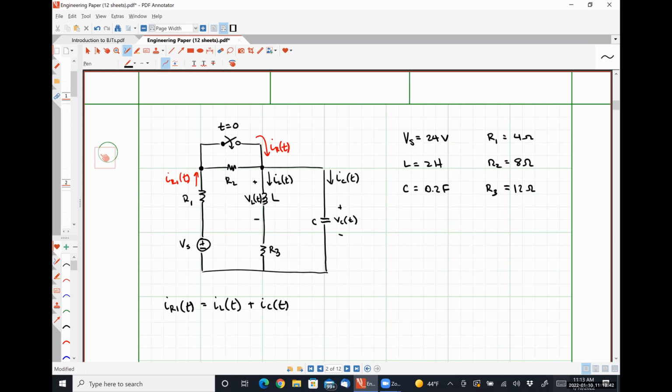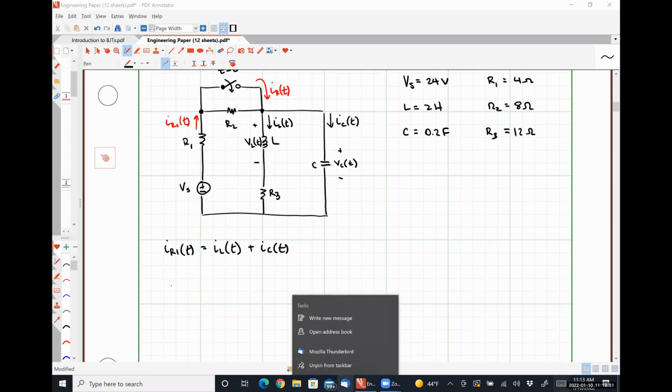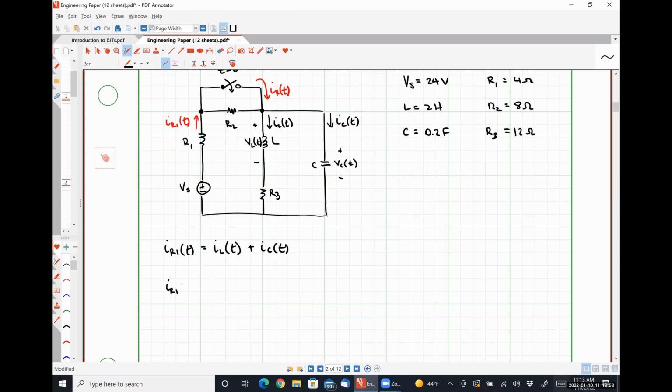We could just as easily express IR1 of t as our source voltage Vs minus Vc of t divided by R1.